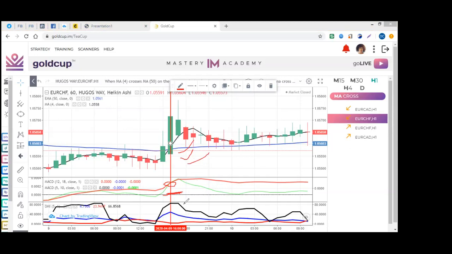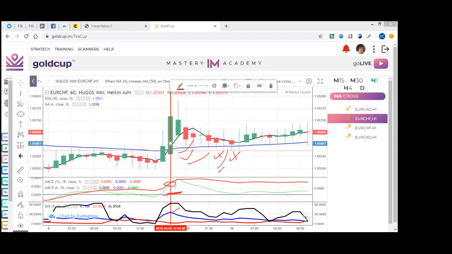Confirmation four, family, we have the momentum line, the black line, facing up, and we have the blue facing up also. The previous trade was the black and the red because it was a sell, but now we are checking a buy, so it needs to be the black and the blue. So automatically we have 4/4 confirmations instantly.